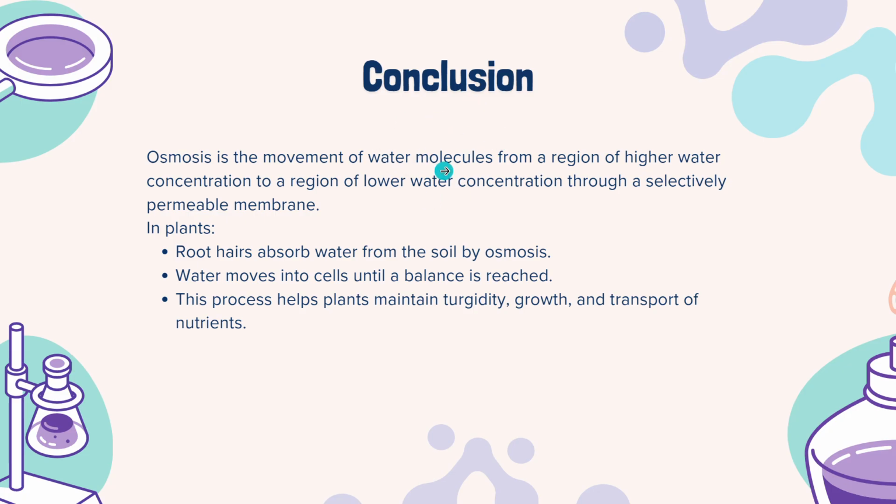We talked in terms of solute concentration, but if I say it has low solute concentration, it will have higher water concentration, right? So we can also say that osmosis is the movement of water from a region of higher water concentration to a region of lower water concentration through a selectively permeable membrane.